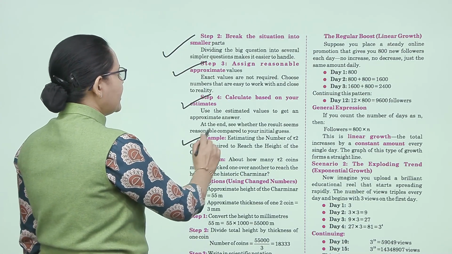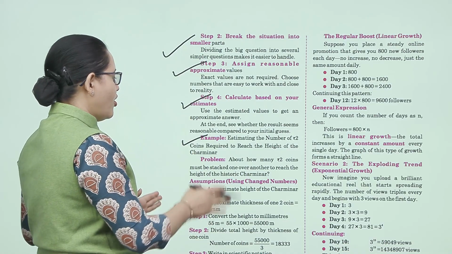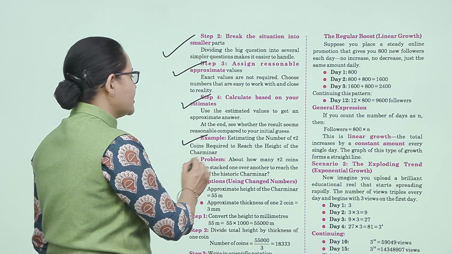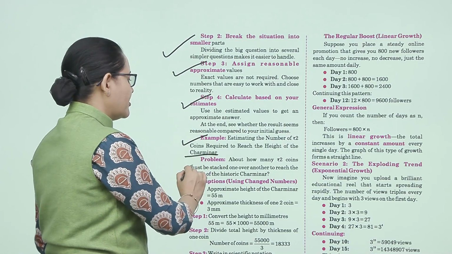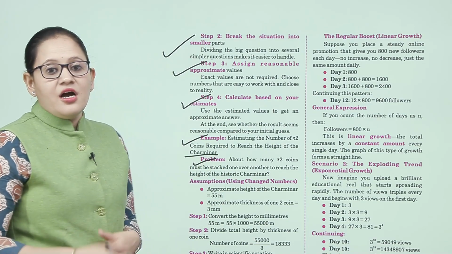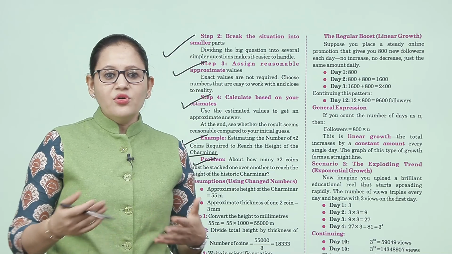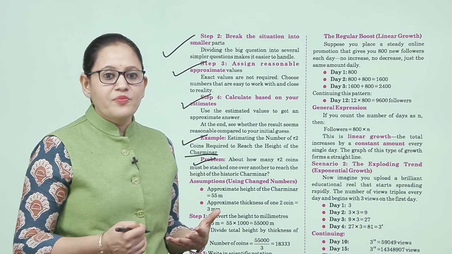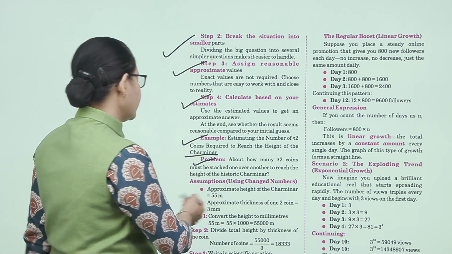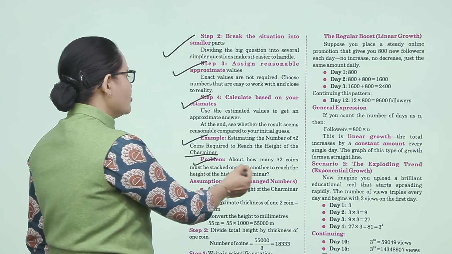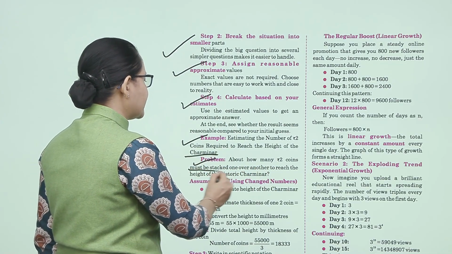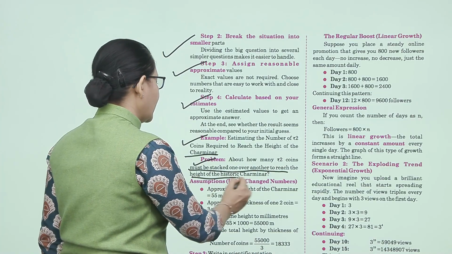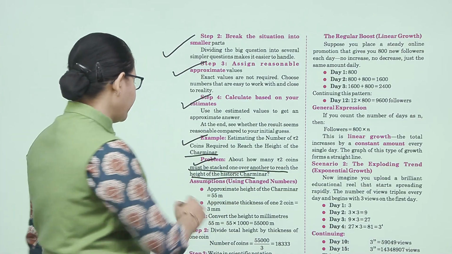Let's take an example: estimate the number of ₹2 coins required to reach the height of the Charminar. Now the problem. You have to estimate the number of ₹2 coins needed to reach the height of the Charminar. About how many ₹2 coins must be stacked one over another to reach the height of the historical Charminar?